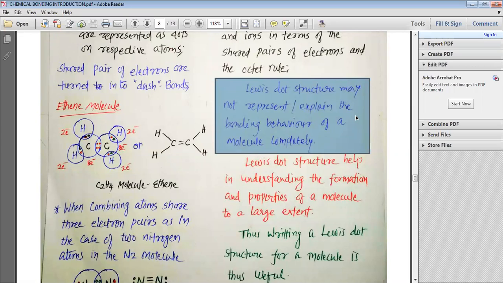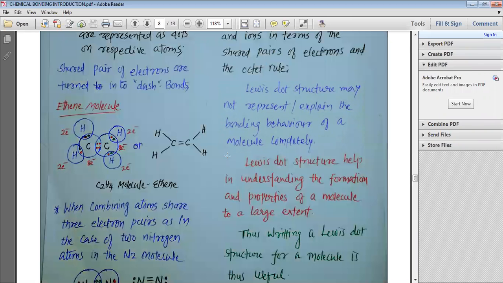But it was very important, as it has really made us aware of so many things. So this is the reason why we study the Lewis dot structure. But remember, it does not explain everything. It just tries to explain how the bonds may be formed. Now, what is the importance?